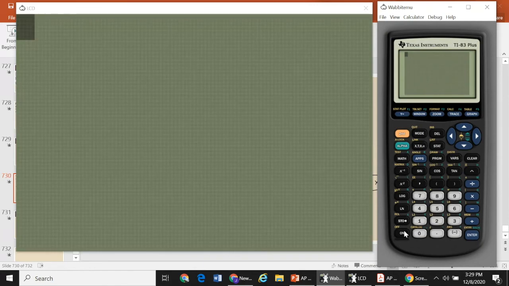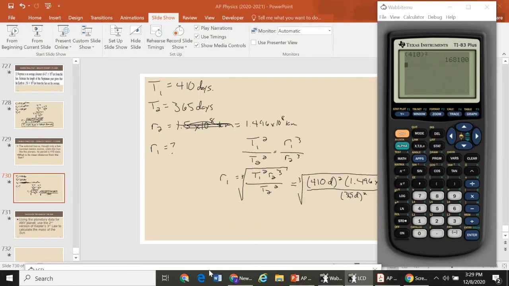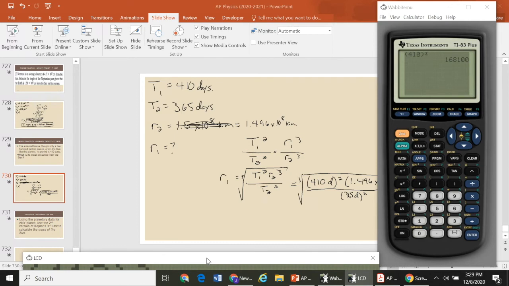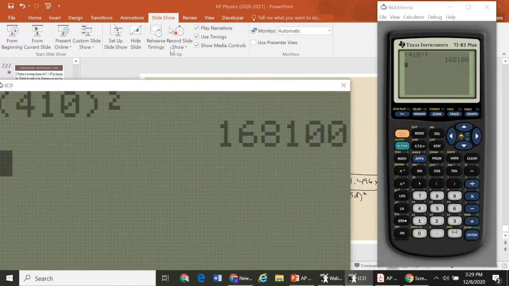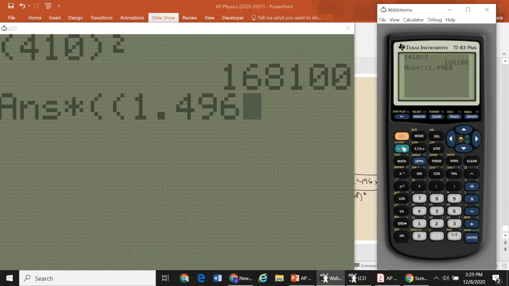I want to show you this because I think this is important, because I notice a lot of kids getting this wrong every year. So we take our 410 days and we square it and we get a big number. And we have to multiply that by 1.496 times 10 to the 8 cubed. And so I just do the caret 3.